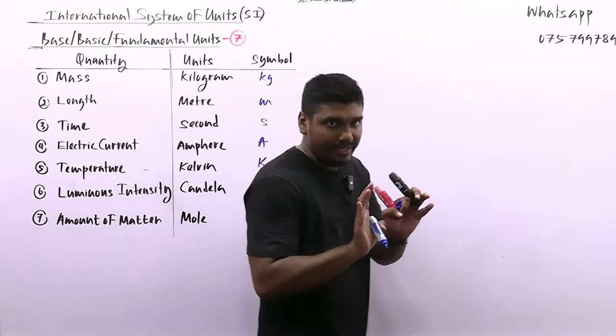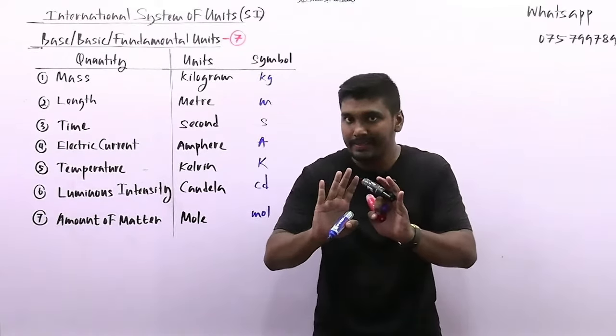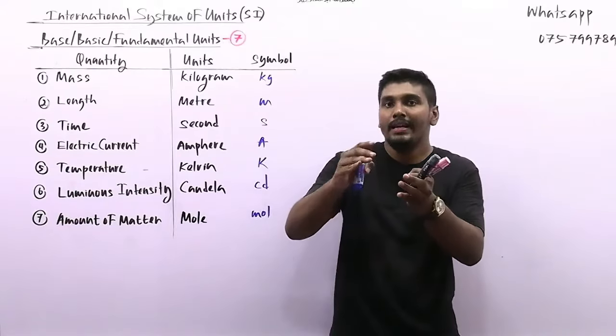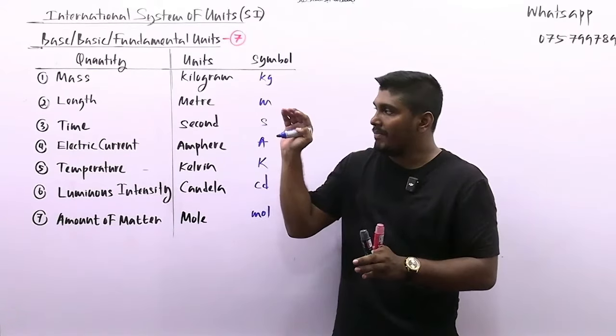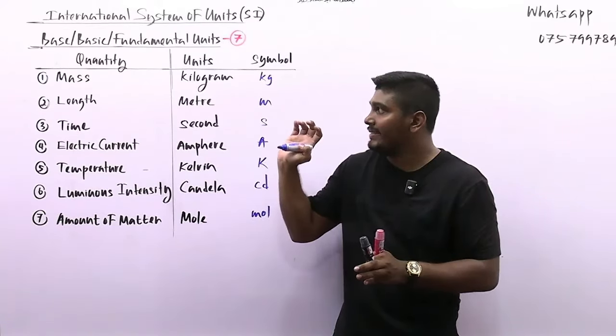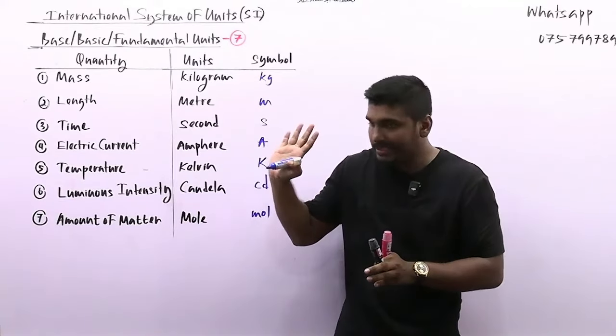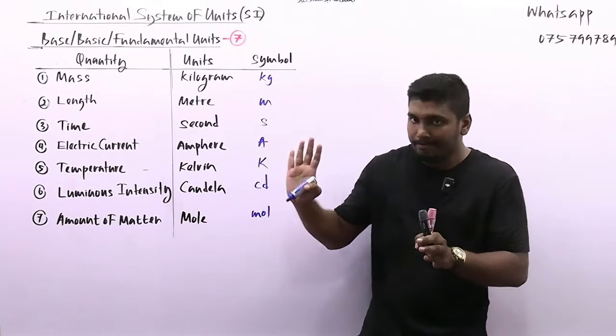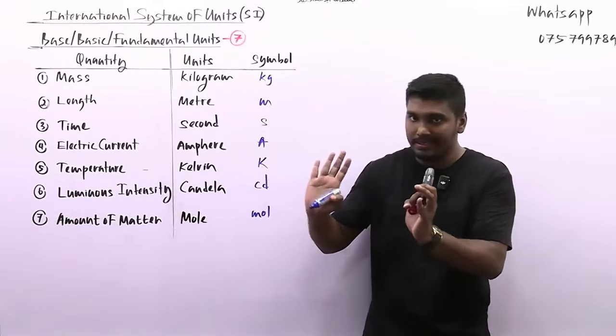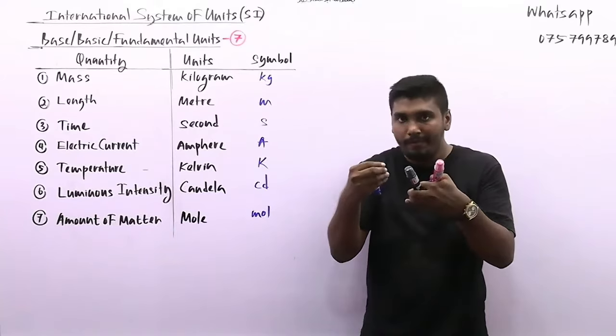There are 7 base physical quantities and base units. Remember: mass in kilograms, length in meters, time in seconds, electric current in amperes, temperature in kelvins, luminous intensity in candela, amount of matter in moles.